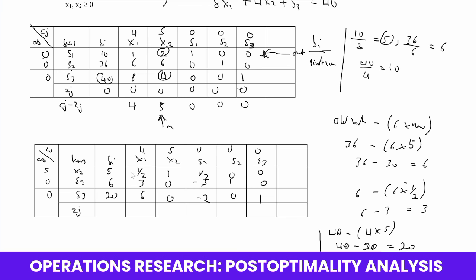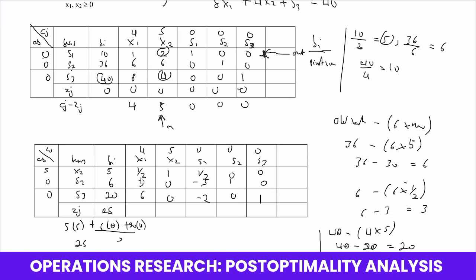Alright, so our ZJ values. 5 times 5 is 25, plus 6 times 0, plus this 20 times the 0. So all this will go to 0, and you have 5 times 5, which is 25. So we have 25 here.